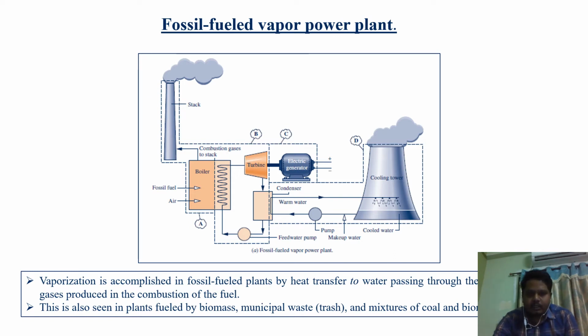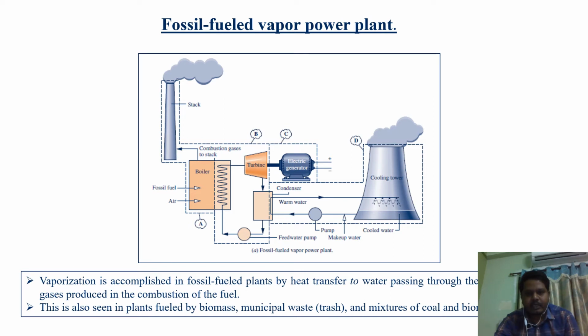Okay, so see what is happening here. This cycle we already discussed. From the boiler the steam enters into the turbine. When the steam passes through the turbine, there will be work done. Work output will be there. So that is the mechanical work. This mechanical work will rotate the generator.